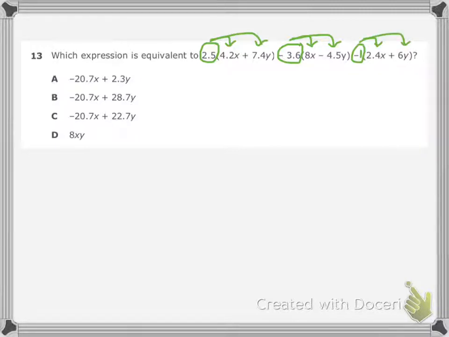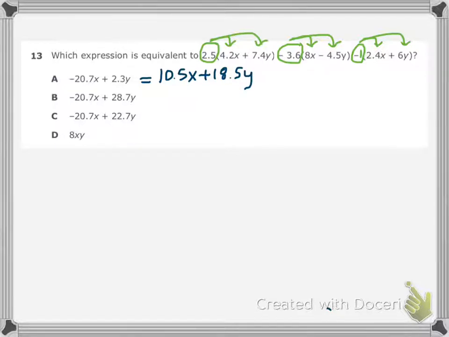Here we go. All right, so 2.5 times 4.2x is 10.5x. 2.5 times 7.4y is positive 18.5y. Okay, now we're on to the second set of parentheses.